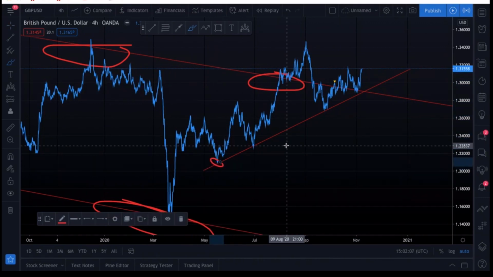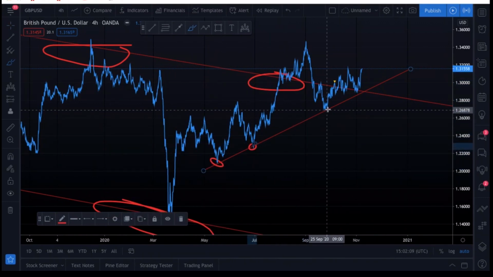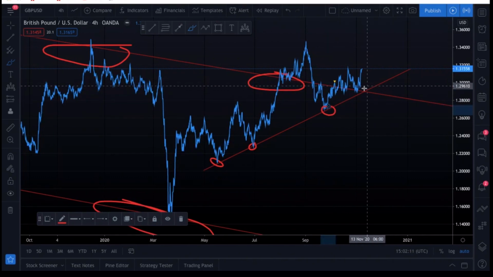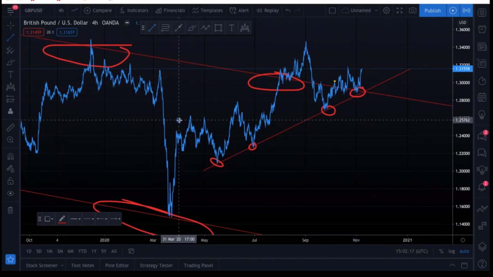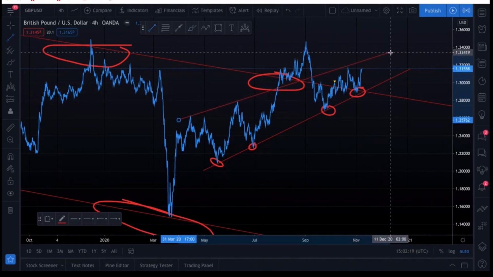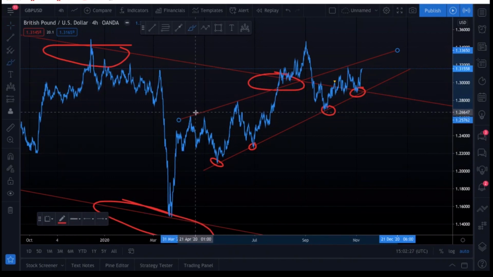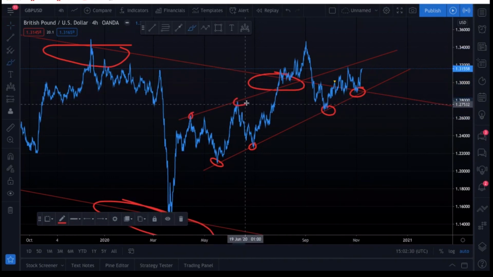These are the levels where the market rejected. Another one. It's touching the trend line.